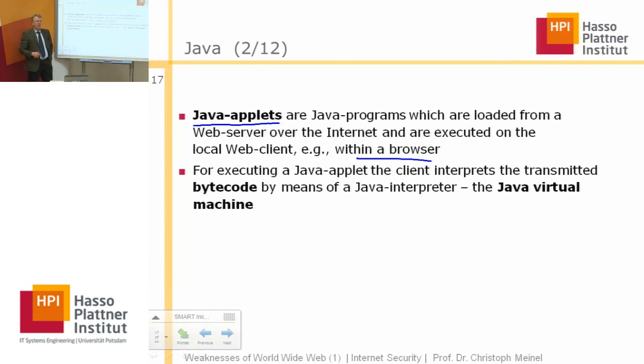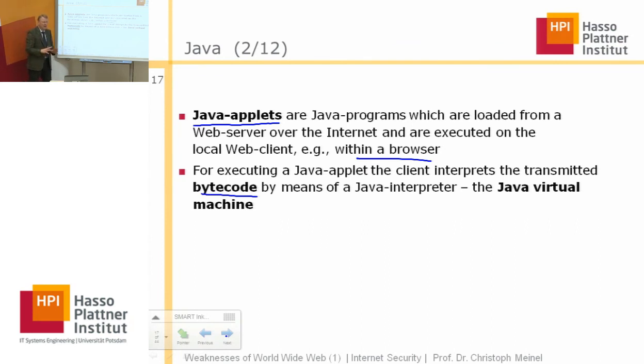In order to be able to execute such a Java applet, the client needs a Java virtual machine. This is a Java interpreter. And the Java interpreter gets, and this is what is transmitted over the internet, the Java bytecode.